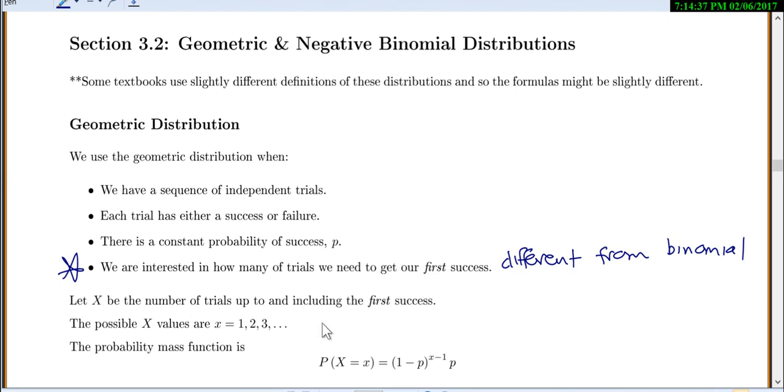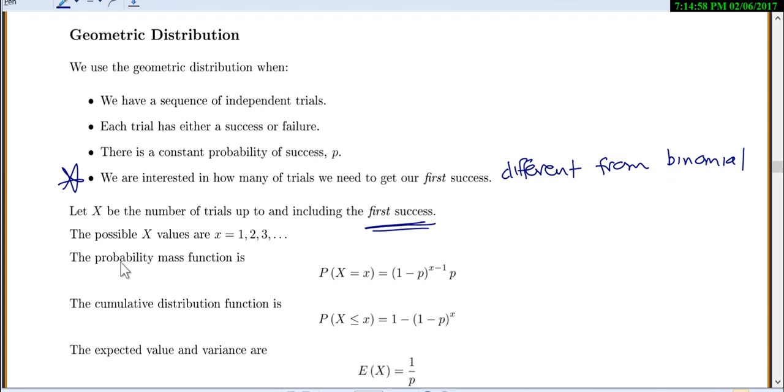So again, geometric, X is the number of trials up to and including the first success. That's how you know it's geometric. They'll say first success. So what would be your possible X values? Well, X could be 1, 2, 3, and there is no upper limit because you don't have a place where you know you're stopping. You go until you get a success.